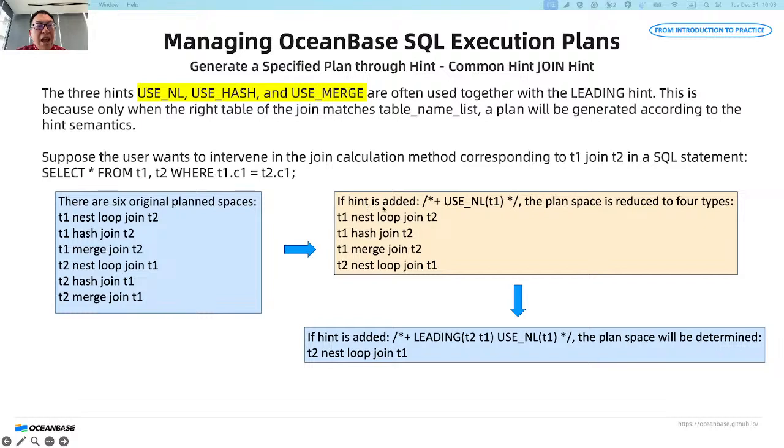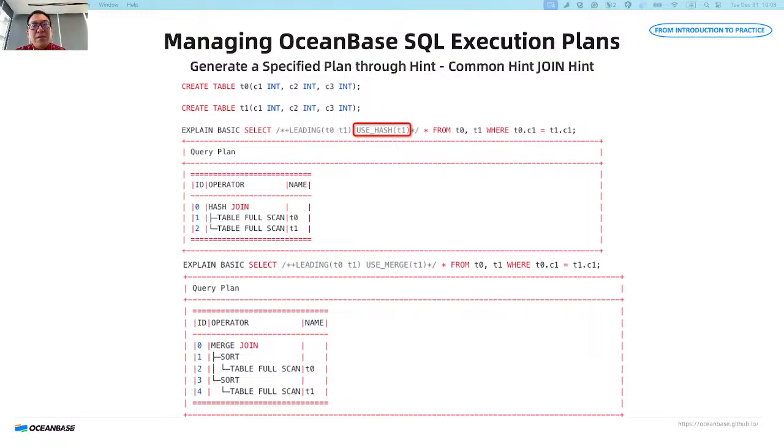If the leading hint is added, the plan space is reduced to 4. And at last, if the use_nl hint is added, the plan space will be determined. The same is true for hash join and merge join. Both specify a table as the right table of the join, so I will not go into details here.